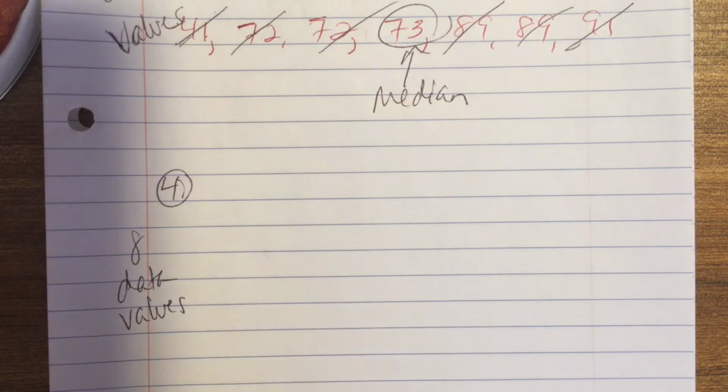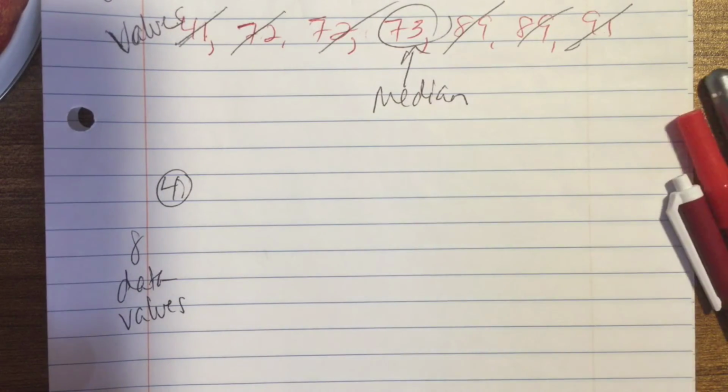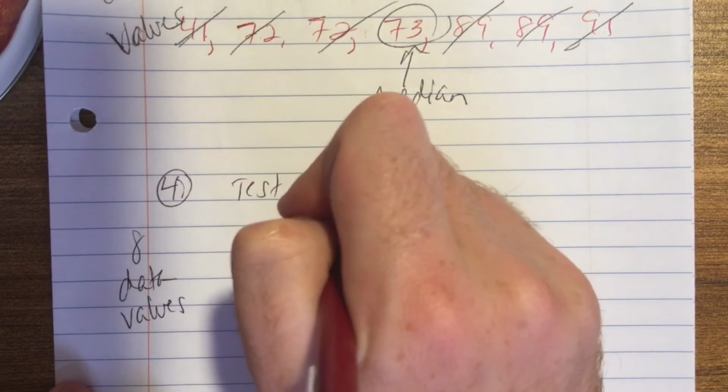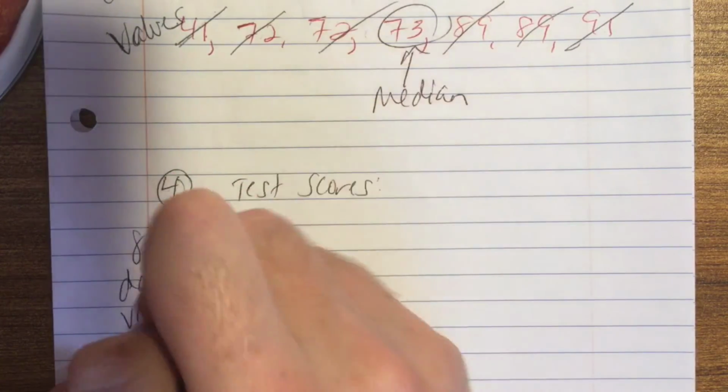So my test scores are going to be the same, except I'll add another one in to show you how you would do this when you have an even amount of data.